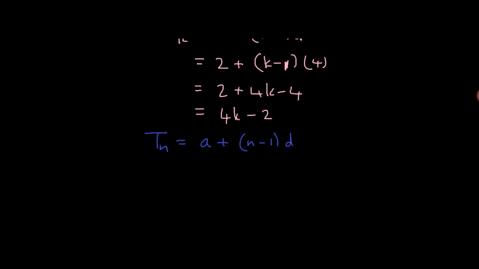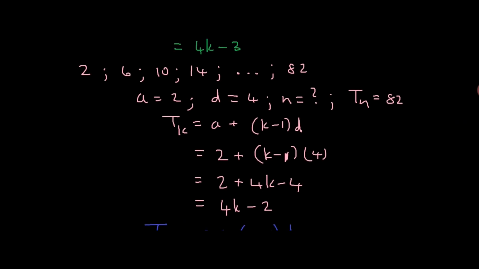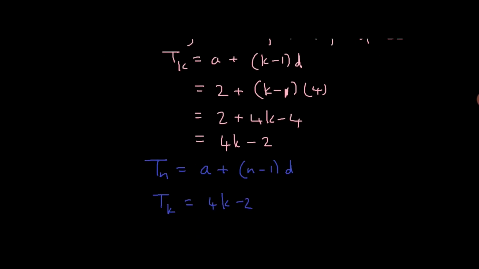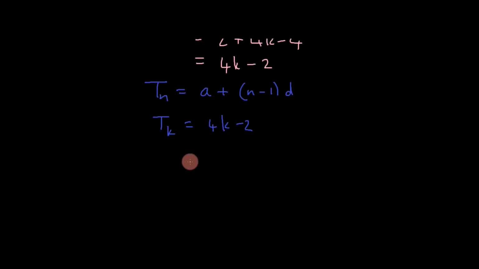So let's use the second set of factors. We're going to use the formula T sub k is 4k minus 2 and use 82 for T sub k. So it's 4k minus 2. And in solving for k, we see that it's equal to 21.